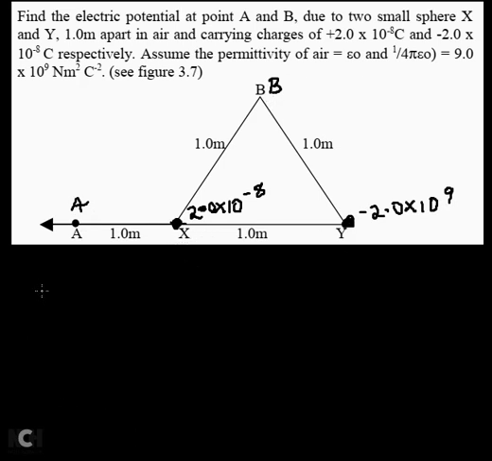Let me start with the electric potential at point A, VA. The electric potential at point A is due to the two charges, and you know how we sum electric potential at a point due to two charges.